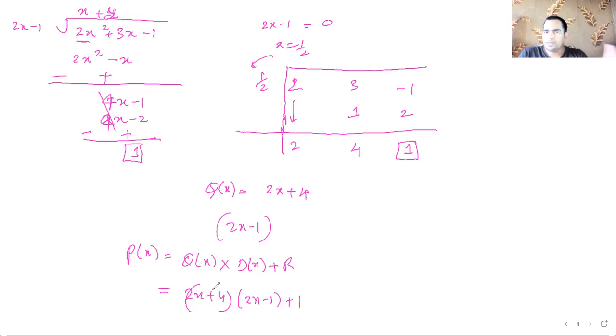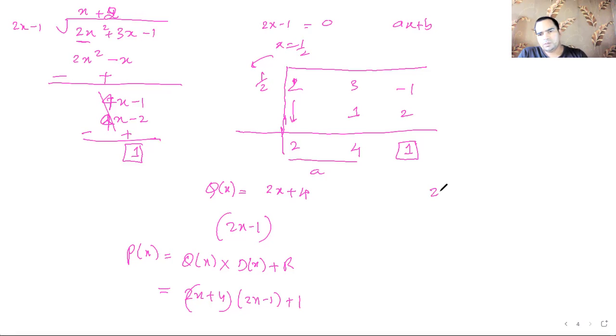The problem here is that we actually divided with the factor x minus half. So wherever you are dividing with a polynomial like ax minus b or ax plus b, at the end, whatever quotient you get, just divide that quotient by a.